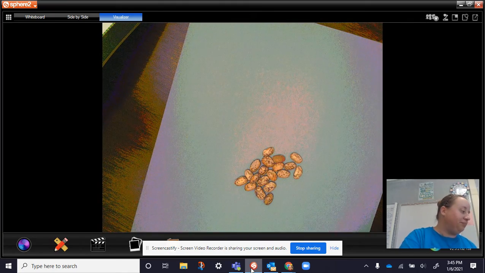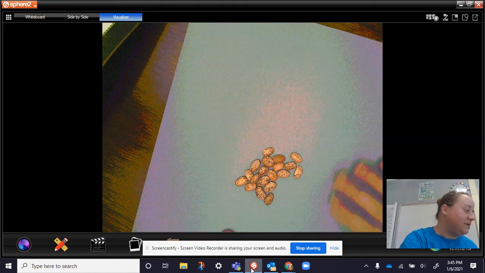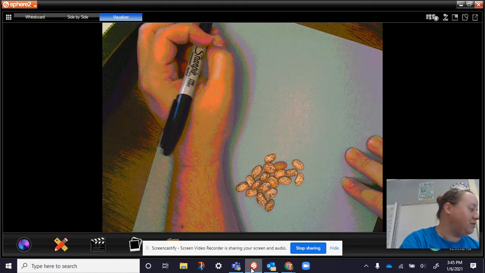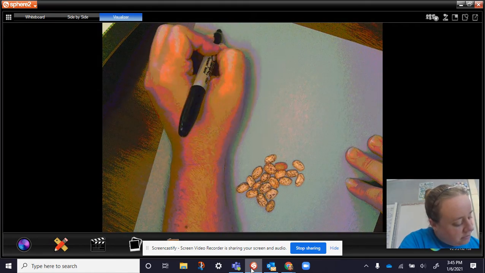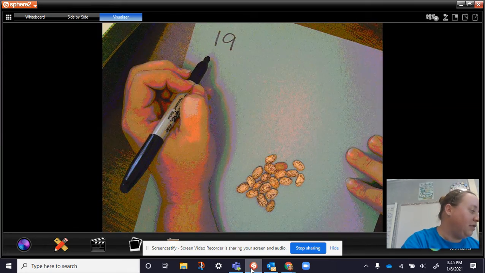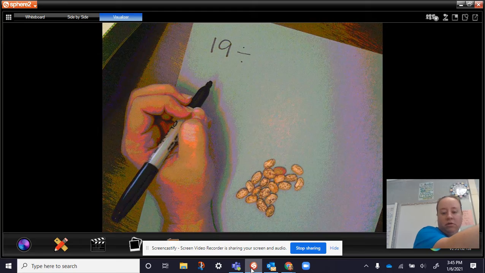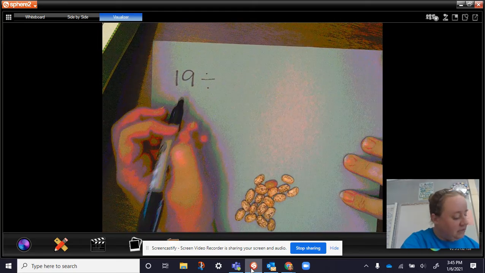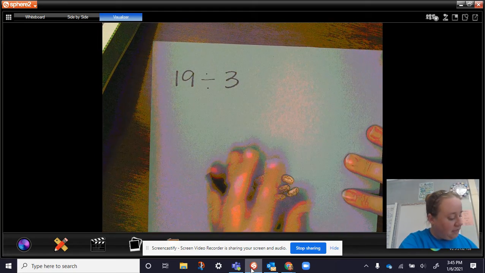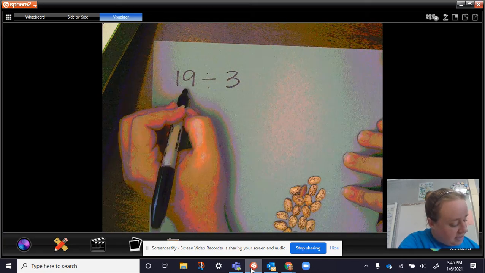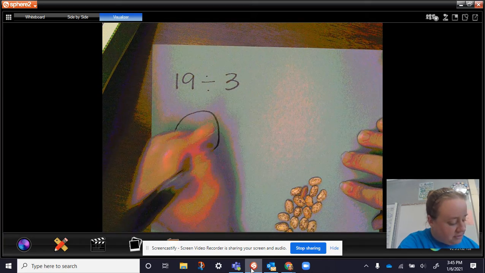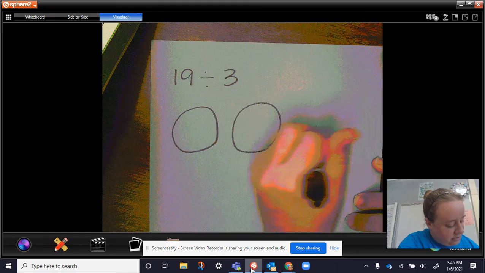So what we're doing is we've got Erica and her two friends. We've got 19 dominoes, and she's splitting them equally among three players. So we're doing 19 divided by 3. And what that means is I'm going to picture this is one friend, this is another, this is another.